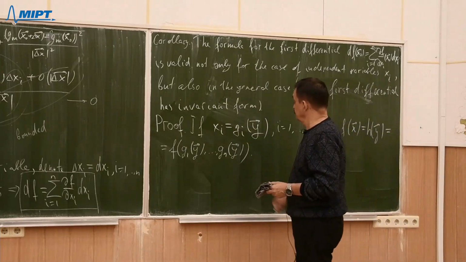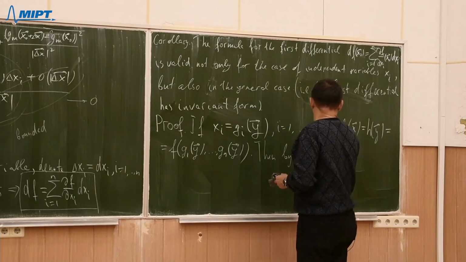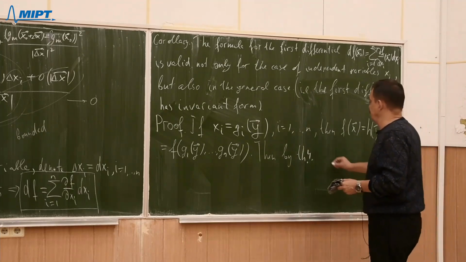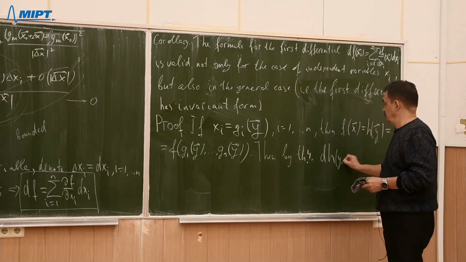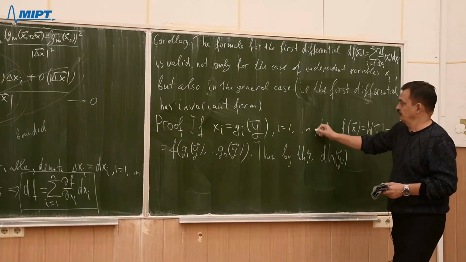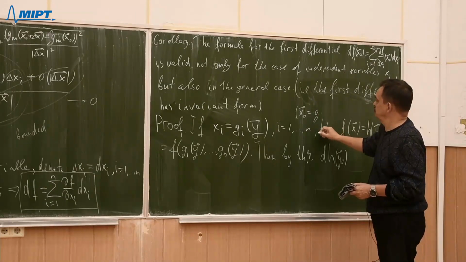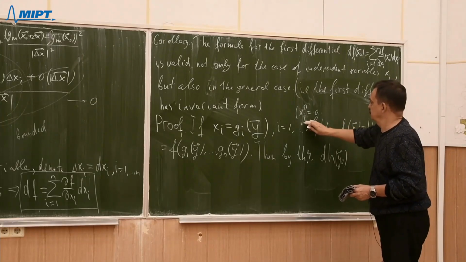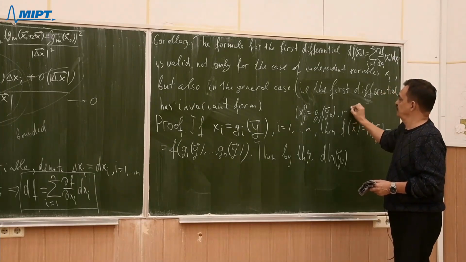And then by theorem 4, which we proved just now, we can write the differential of h at y naught, where xj naught is gj of y naught, j from 1 up to n.